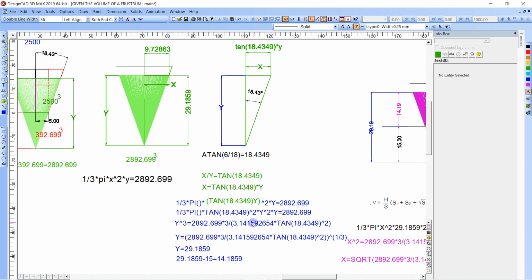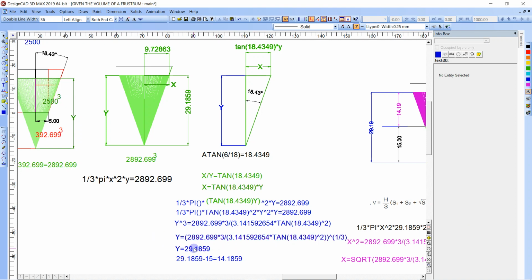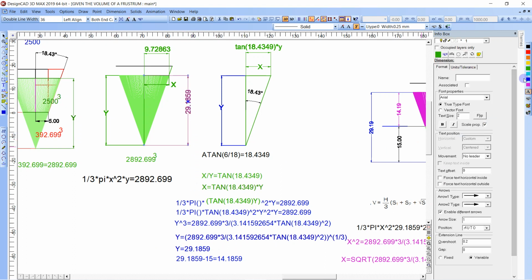Then y equals the cube root of that, to get rid of the cube. I didn't take many math classes, but you'll end up with 29.19, and that is the y that we're looking for right here. Should probably turn that to blue.